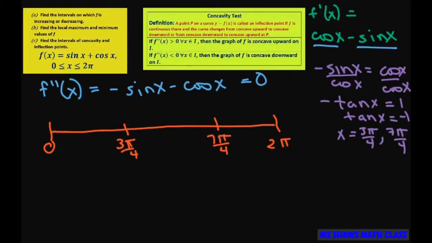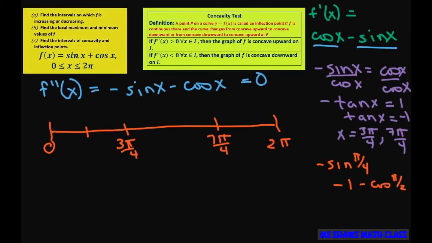So basically, if you plug in pi over 2, we're going to get negative sine of pi over 2, that's just 0, minus, well, that's going to be 1, so it's negative 1, minus cosine of pi divided by 2 is 0.